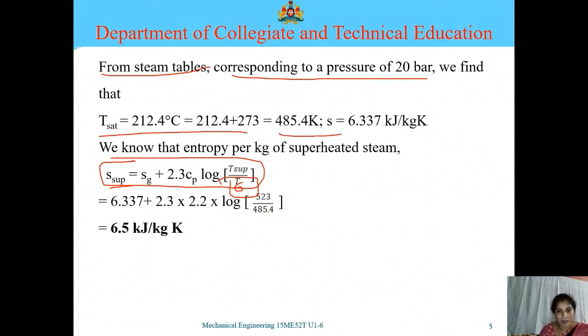Converting that Celsius into Kelvin, the T saturation value will be 485.4 Kelvin. Remember, in the steam table the unit of temperature will be degree Celsius, so you need to convert. Only in case of entropy, and if you want to calculate volume, you keep the temperature in Kelvin scale.